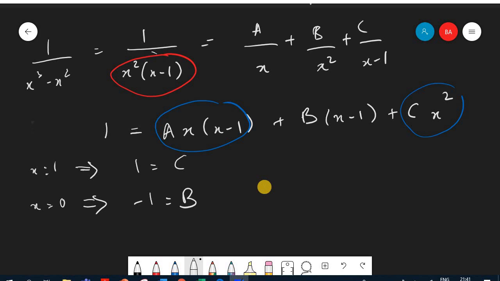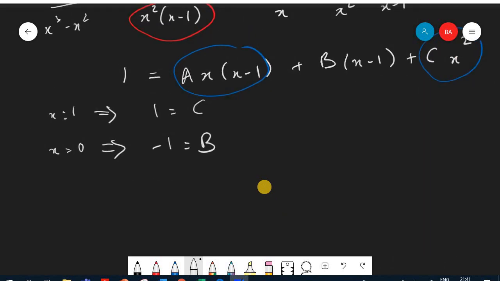And how to find a? To find a, just substitute anything, like x is equal to 2. If you substitute x is equal to 2, this will be 1 is equal to 2a into x minus 1, 2 minus 1 is 1, so that's just 2a, plus b into 2 minus 1, so that is b, and b is minus 1.